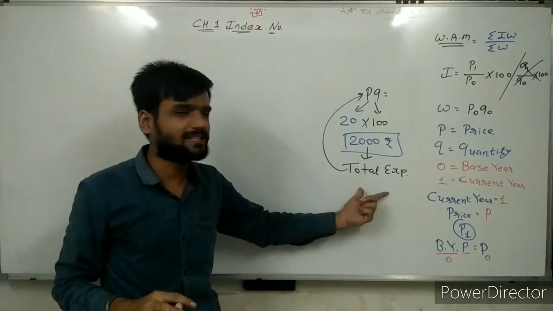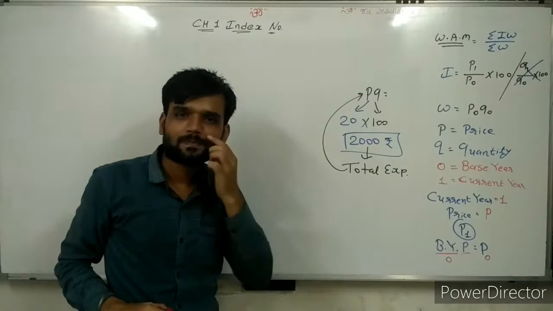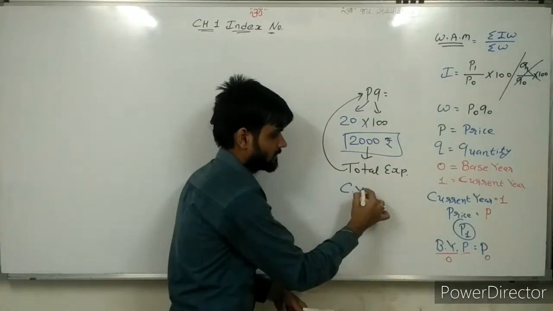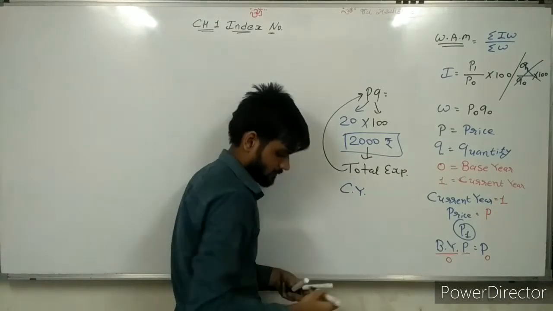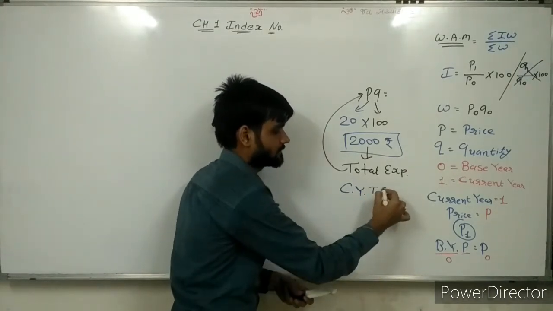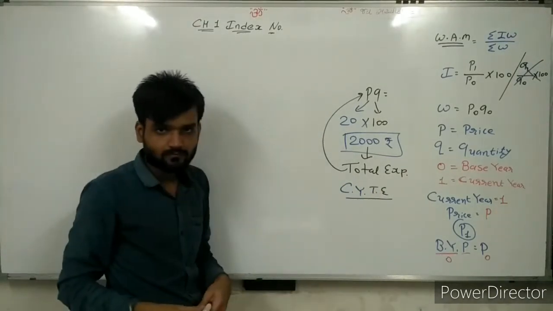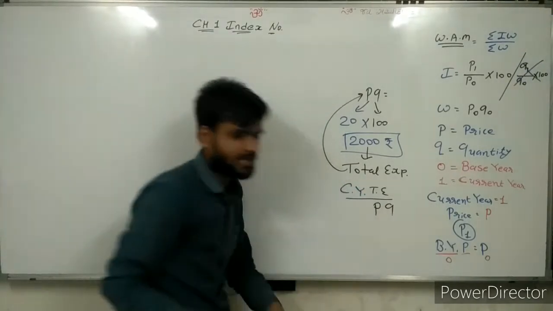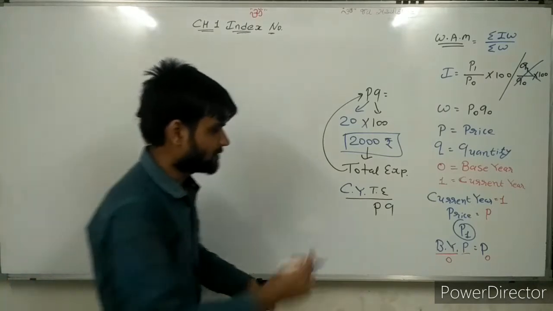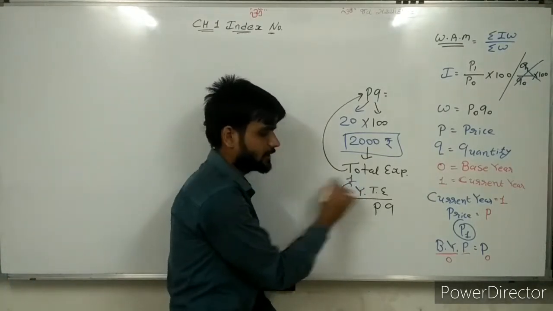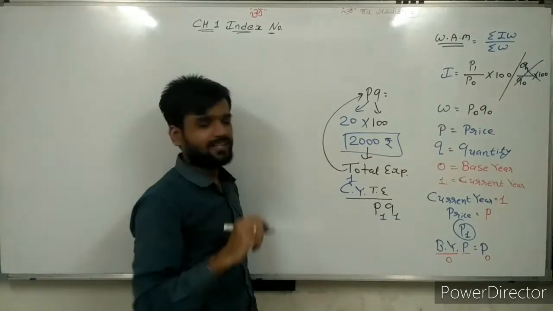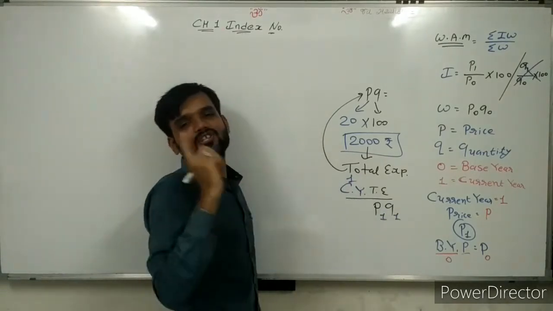Now suppose current year total expenditure. Total expenditure means what? P into Q. And for the current year I have to write 1. So P1 into Q1 is my total expenditure.